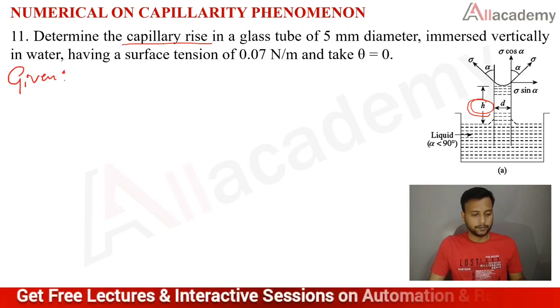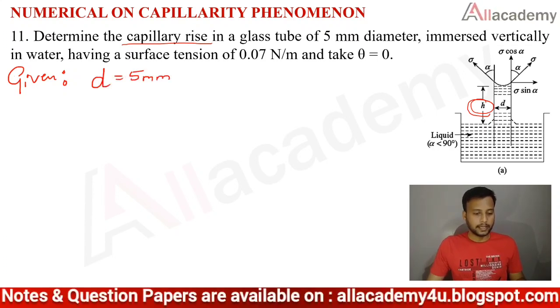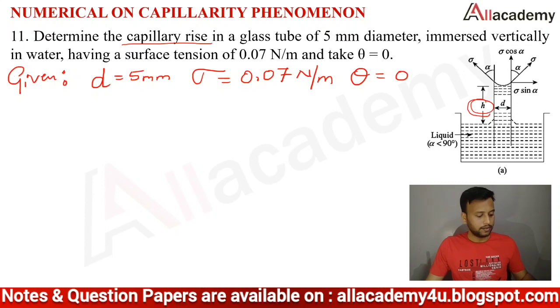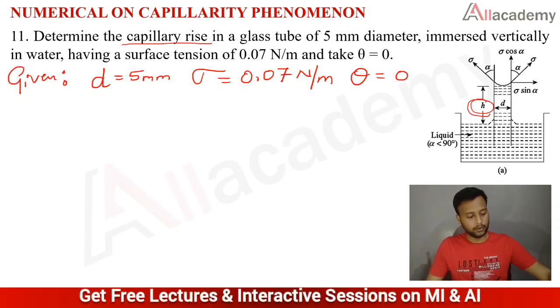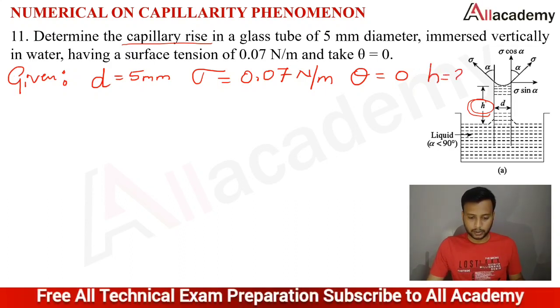Given: diameter of the glass tube is 5 mm. Next, surface tension sigma is 0.07 Newton per meter. Then the angle of contact theta is equal to 0. What you need to calculate is H, that is, how much rise is observed when we dip this 5 mm diameter tube.